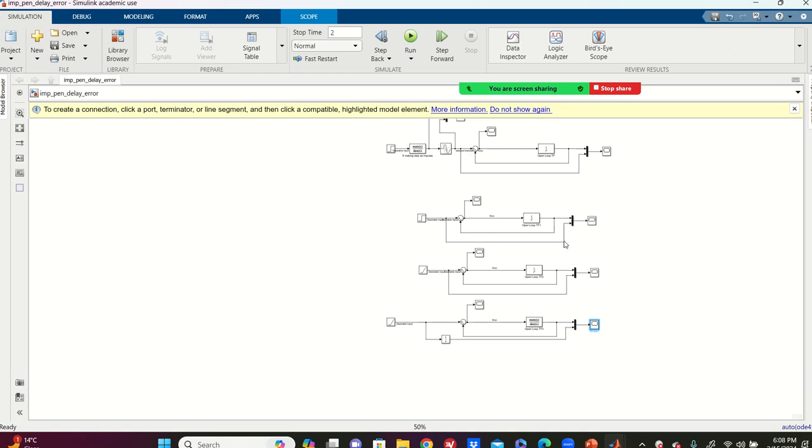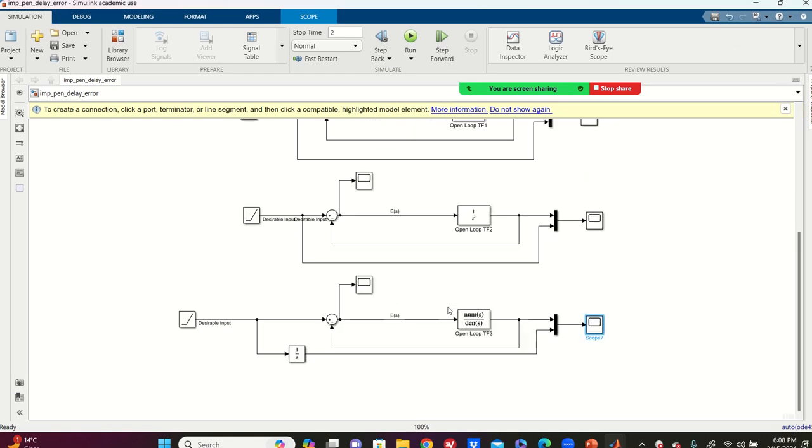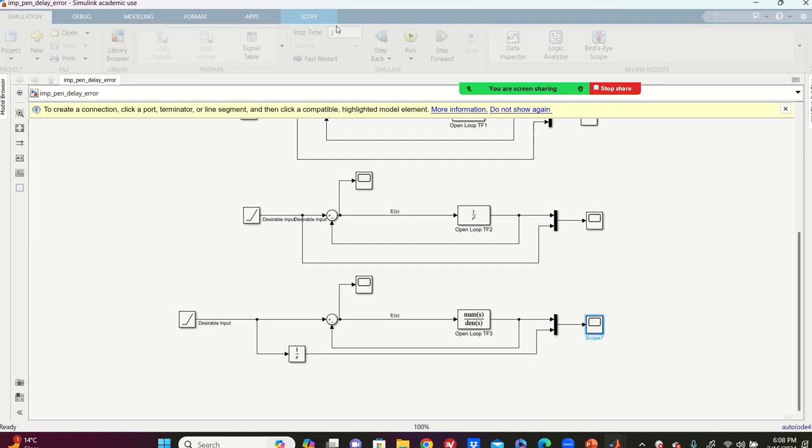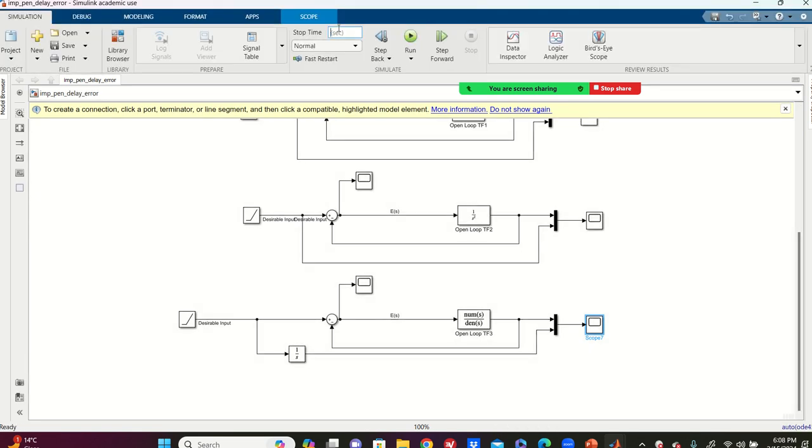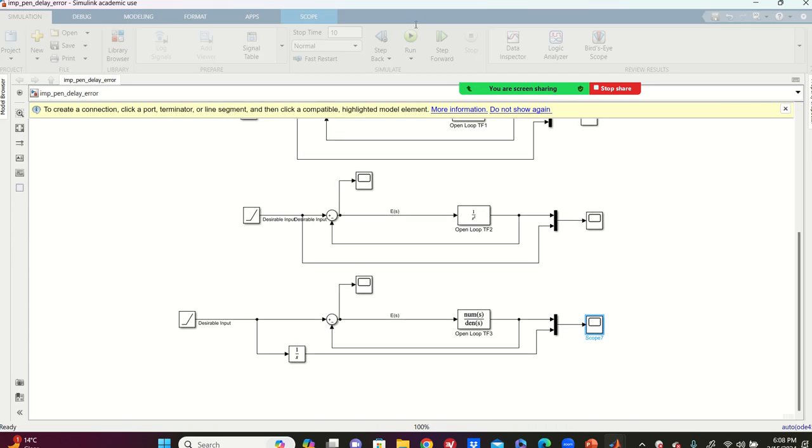So I added an integrator here to make it 1 over s cubed. See here, ramp is 1 over s squared, and with 1 over s it is 1 over s cubed. So it's going to be parabolic. So now let's compare with the output. See what I'm saying? And now we can compare them. So say 10 seconds.